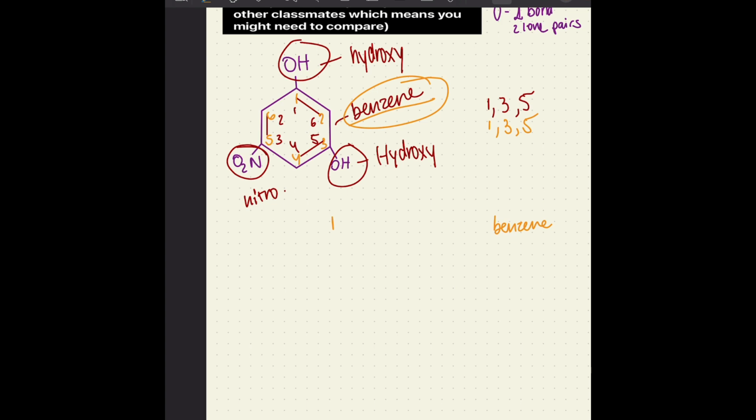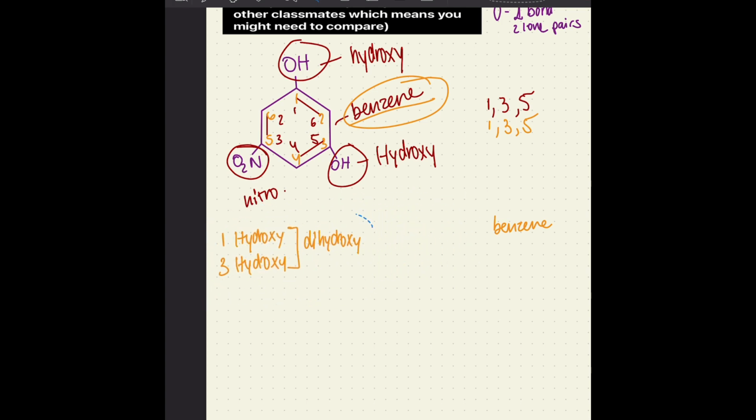So it will be 1 hydroxy, and then 3 hydroxy. And since they are both the same, you can combine it to dihydroxy. So it's gonna be 1,3-dihydroxy.